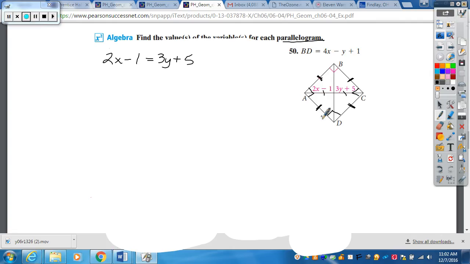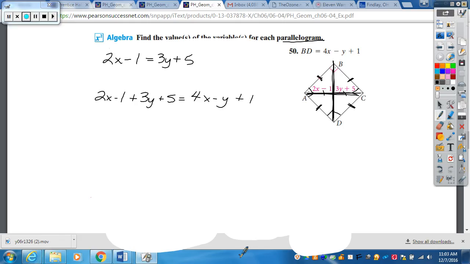If this is a square, which is also a rectangle, trying to highlight the four right angles for you, that means that the diagonals have to be the same length. And if that's the case, then I'm going to go ahead and take the sum of 2x minus 1 and 3y plus 5 and set that equal to the entire length of BD, 4x minus y plus 1.